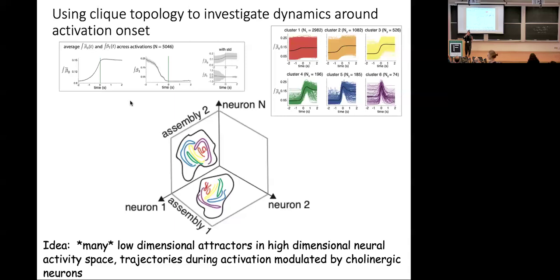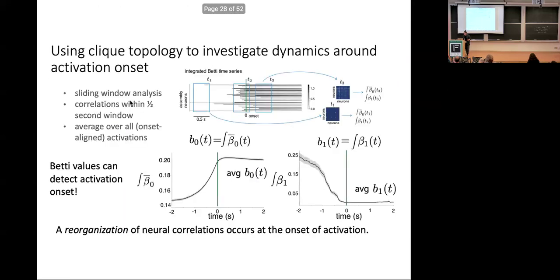Can you repeat how long the time series were and why you chose half a second for the sliding window? Yeah. So the whole recording was an hour long, and that was 54,000 time points.